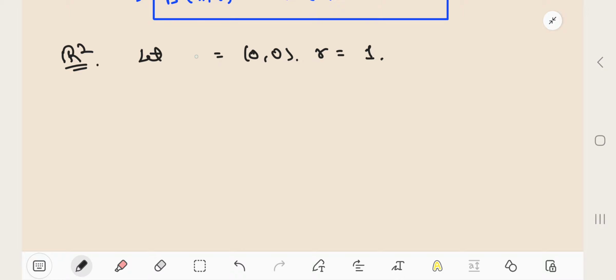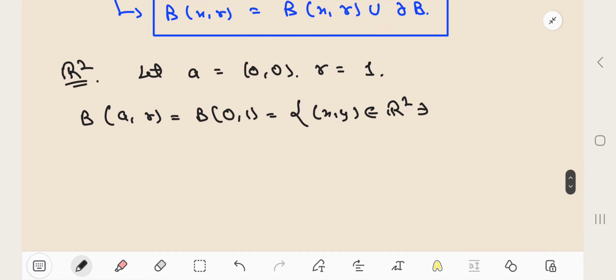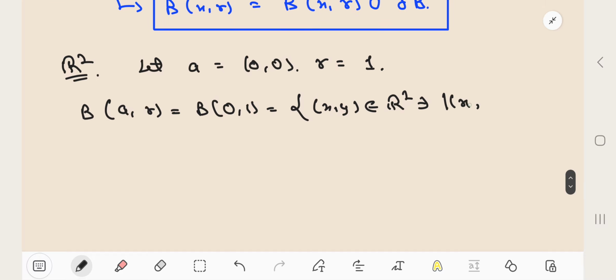By definition, the open ball with center at a and radius r, which is nothing but B(0, 1), is the collection of all the elements (x, y) in R2 such that the distance, that is the norm of (x, y) minus (0, 0), is less than 1.